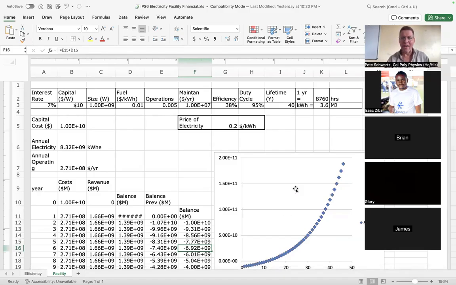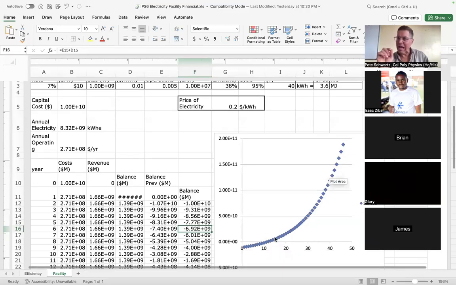And this graph is just the balance as a function of the year. So Isaac, how was that? Do you understand the model better now? Yes, yes. Thank you. Okay. That's what needed to happen. I'm sorry I didn't do that before.